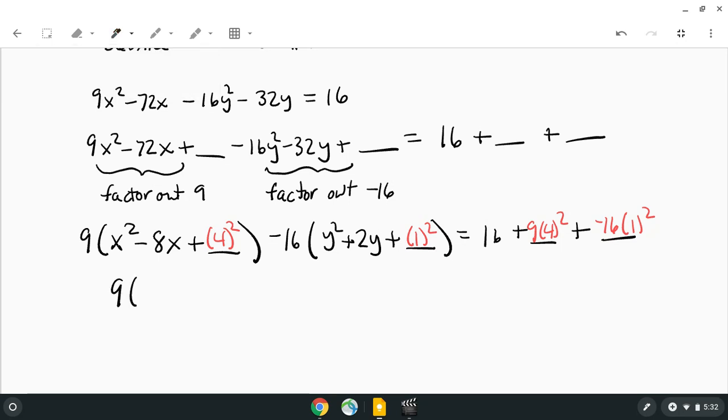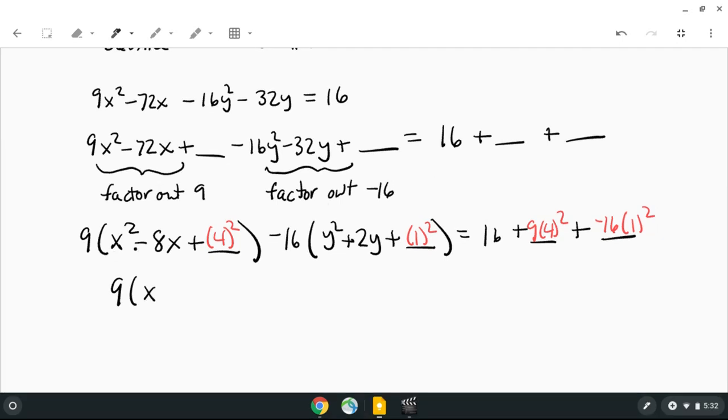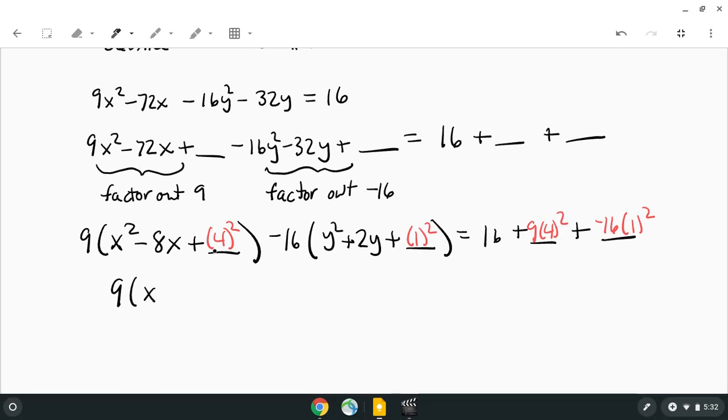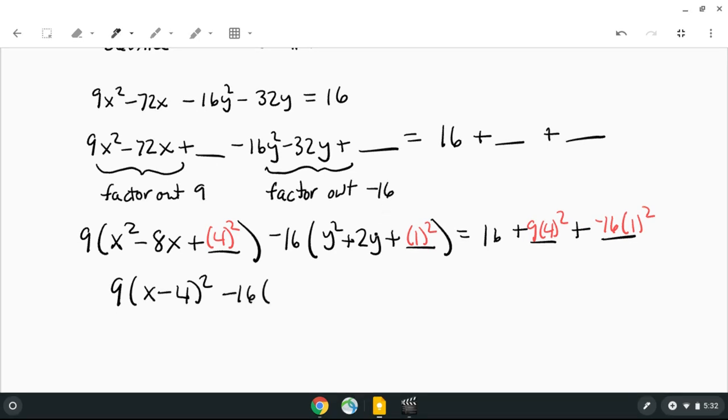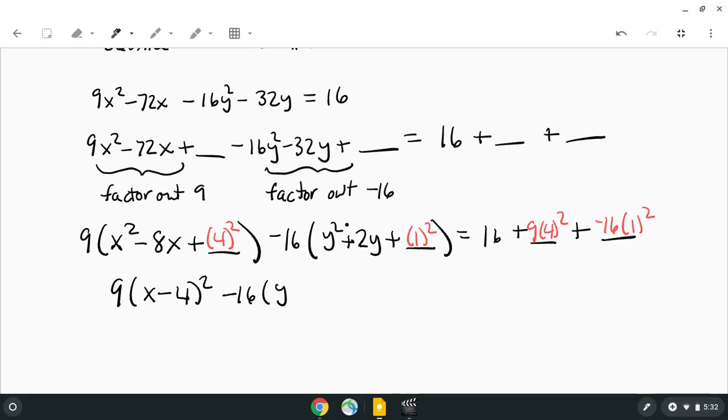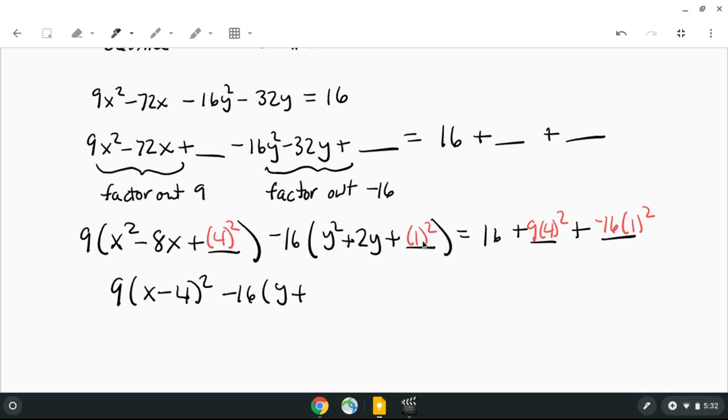Here, this automatically becomes x minus 4, and this one becomes y plus 1.